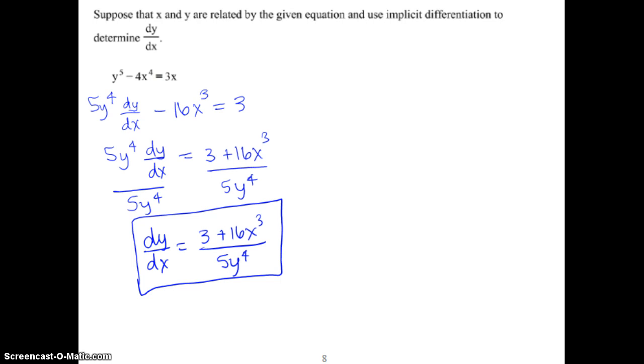And then the last problem that we're going to work has a little bit more to it. It uses the product rule. Again, we want to find dy dx, so we're going to find the derivative with respect to x. Our derivative here is going to be 2x plus, and now do you see that we have to use the product rule here?